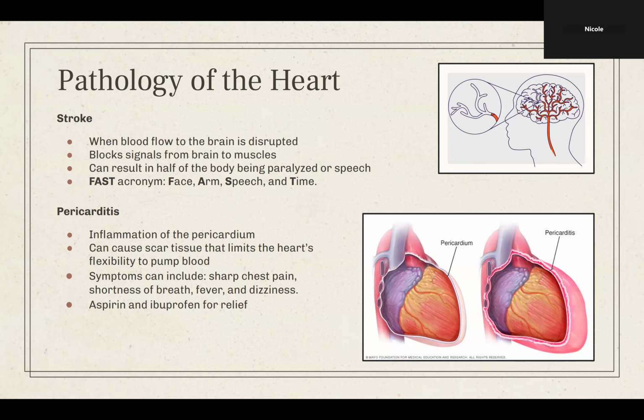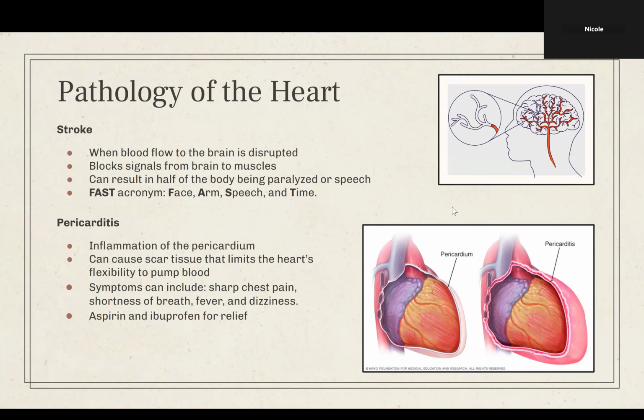And as you may know, scar tissue is hard and stiff. So when scar tissue forms on your heart, it limits the mobility and the flexibility for it to properly pump blood. You can experience sharp chest pain, shortness of breath, fever, and dizziness.